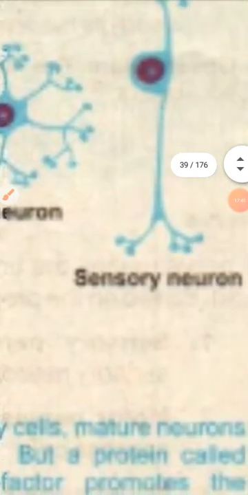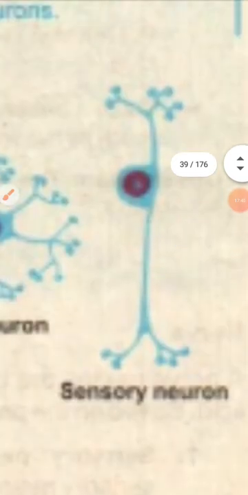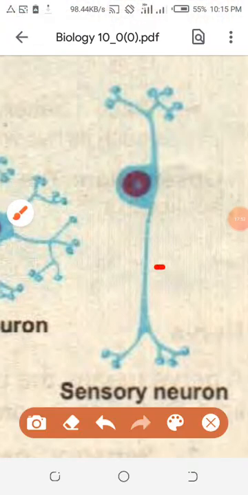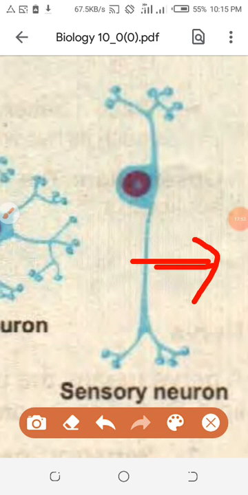The small fibers, which were small in the motor neuron, are large here. They are large, and that is one fiber. So there are two differences. Dendrites are not present in the sensory neuron. One dendron is present, but that is very long. No problem.